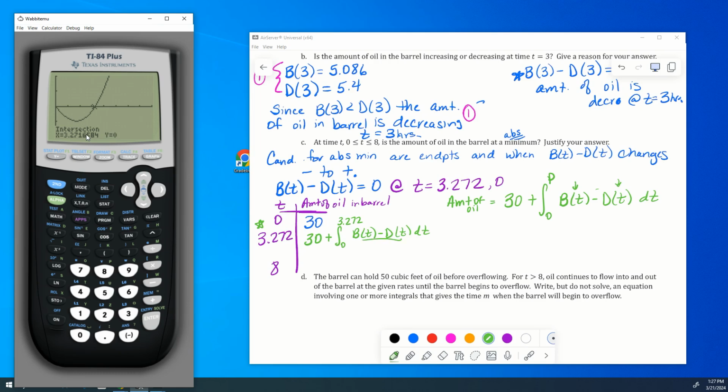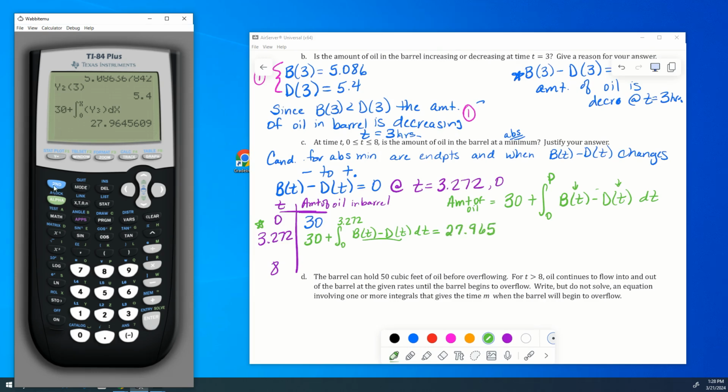Remember that I put y1 minus y2 into y3. So what I'm actually going to type in the calculator is 30 plus math 9, 0 to x, because that value is stored into x, and then alpha, I believe I had it in y3, dx, and that's going to pop out 27.965.